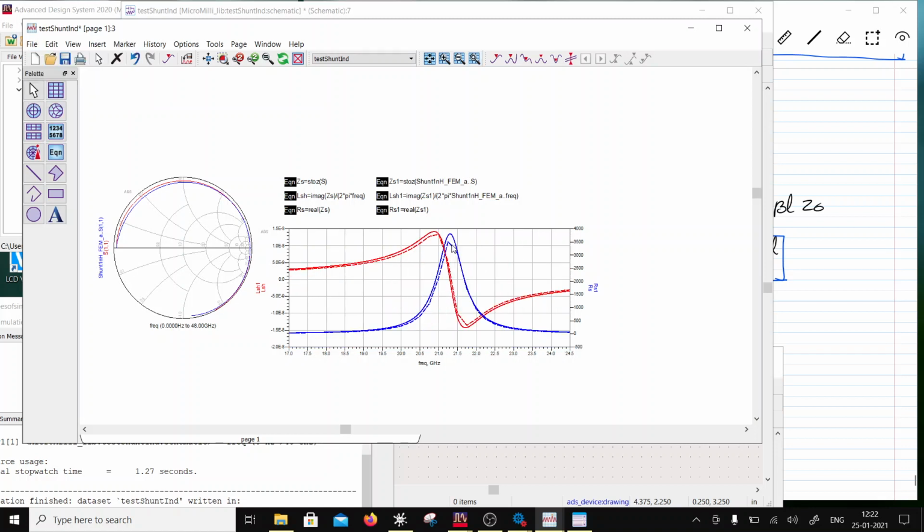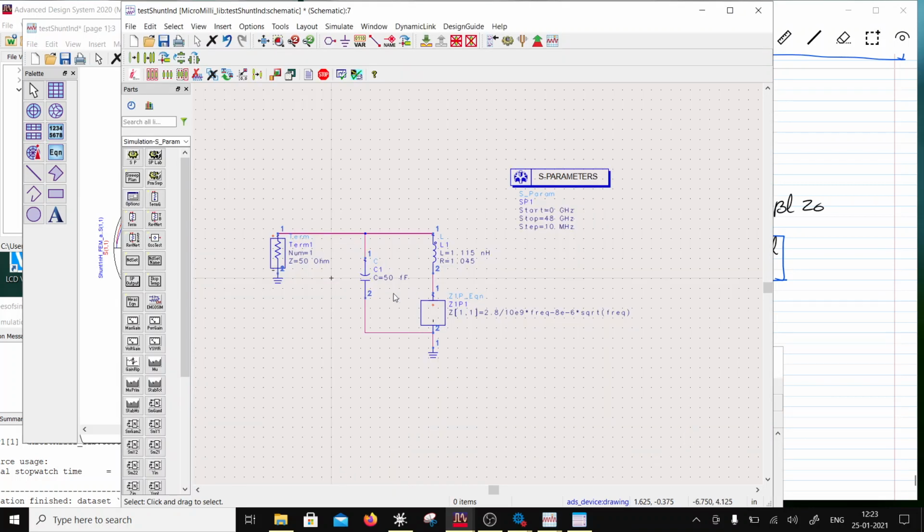Okay, so the capacitor has to be slightly smaller, right? So let's say 49.5. No, slightly bigger, 50.5. Sorry, 50.5.